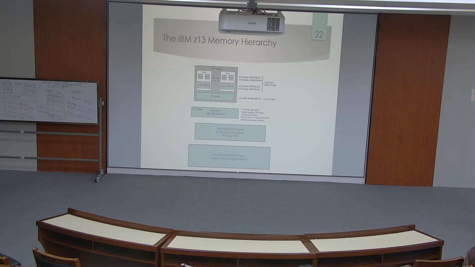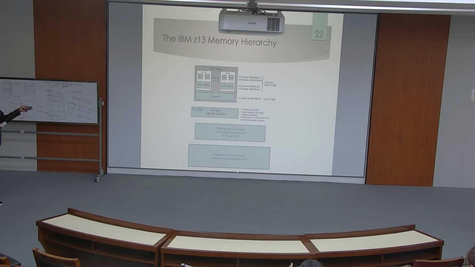Now, the next one, we have level 4 cache. Level 4 cache is 480 MB, and it is eDRAM. For level 4 cache, we have one node which contains 3 PU chips.